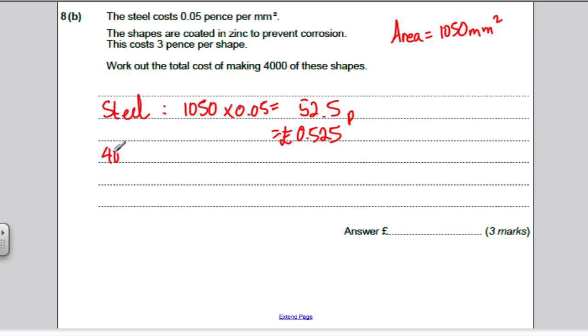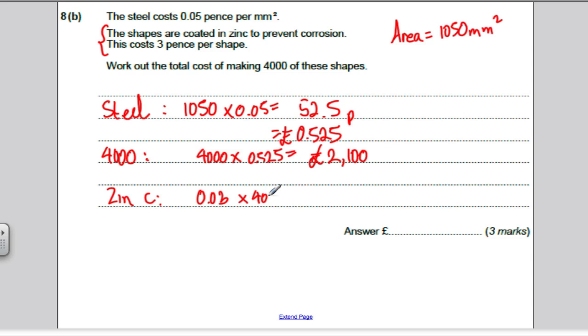So for 4,000, it would be 4,000 multiplied by 0.525, you get £2,100. And don't forget, it also says that they use some zinc to prevent corrosion, 3p per shape. So the zinc cost must be 0.03, that's 3 pence, or written as pounds, 0.03 pounds multiplied by 4,000.